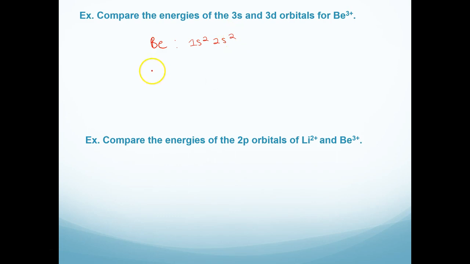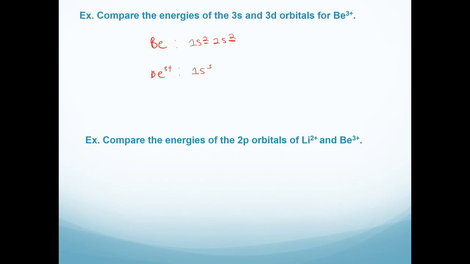Okay. If we have beryllium now with a 3+ charge, we know that electrons are negatively charged, so we want to start removing electrons. We want to remove the outermost ones first, so we'll remove 2 of those, and then we'll remove 1 of these, so it's just 1s1.